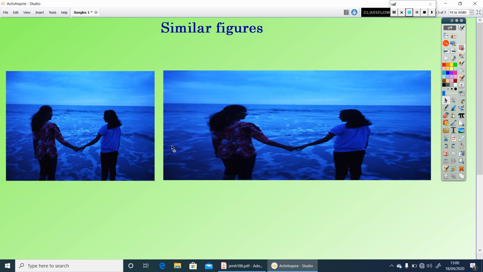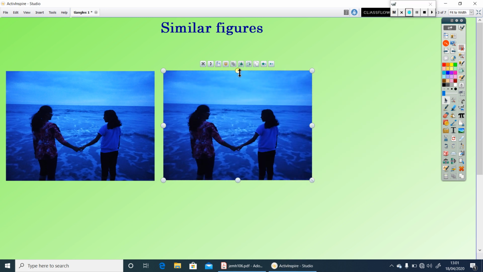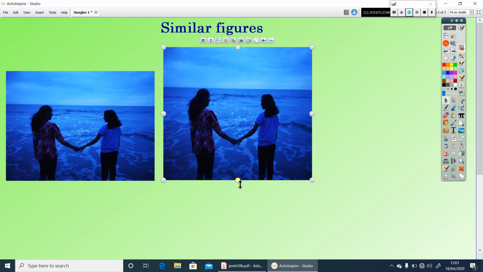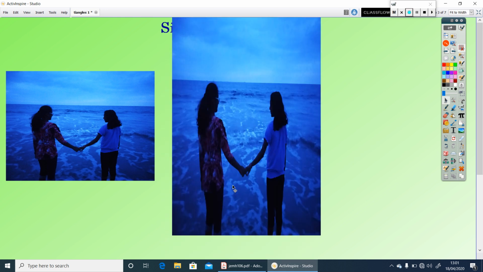But are they similar? Do they look the same? Of course not. Here you see, when we stretch the image it does not look exactly like the first image. Now when you stretch horizontally, what happens? Sorry, stretch vertically, will it still look the same?